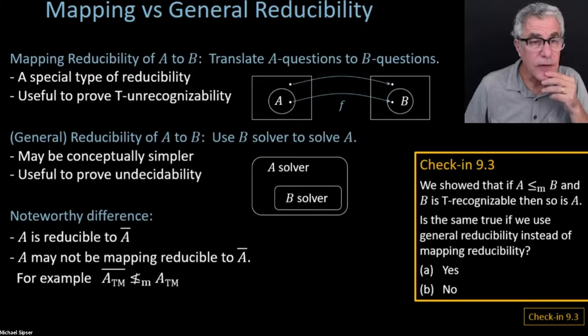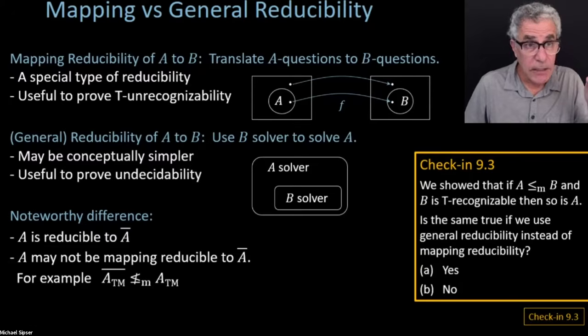The fundamental difference between general reducibility and mapping reducibility is the way things are used. Mapping reducibility is a special kind of general reducibility. One uses the problem as a subroutine, and the other uses it as a transformation.